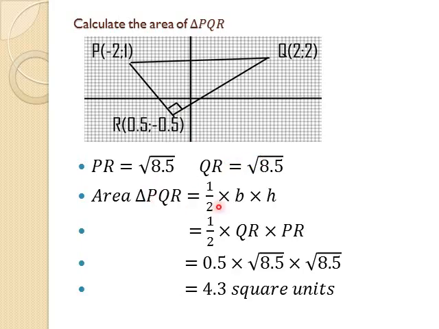For the area of a triangle, if we have a 90-degree angle, it's half times base times height. So my base is QR, and my height meets it at 90 degrees. Therefore, PR times QR. So half, 0,5, times square root 8,5 times square root 8,5 gives me 4,3. And now my units must be squared for area. So hope you follow, hope you enjoy the lesson.